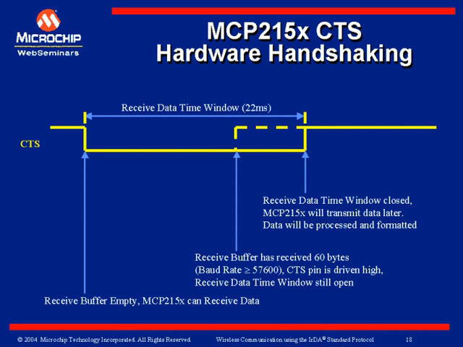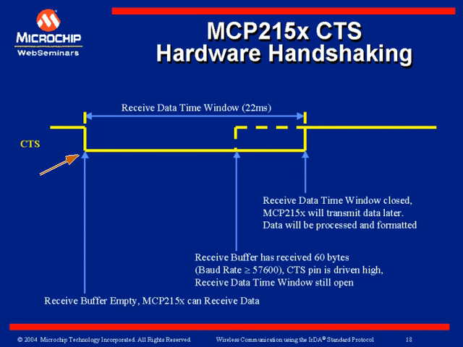Looking at it in a figure, here's a visualization of the CTS and the received data time window operation. Assuming that the host controller baud rate is 57.6 kbaud, and that there is no byte-to-byte spacing and a minimum latency from when the CTS goes low to the start of the data transfer from the host controller, you know that when CTS goes low, the MCP 21.5x host UART receive buffer is empty.